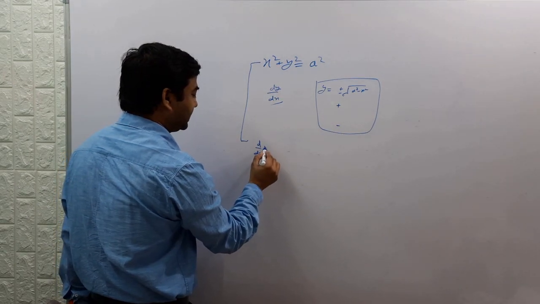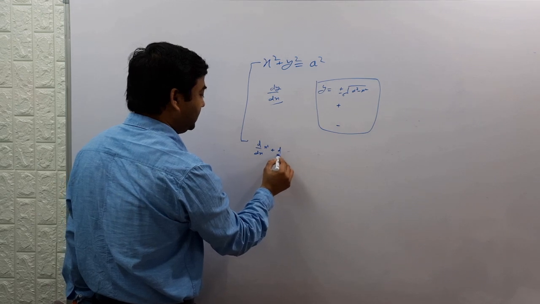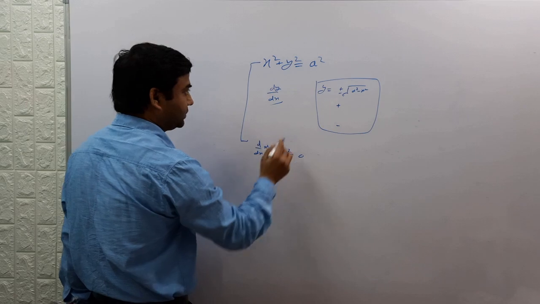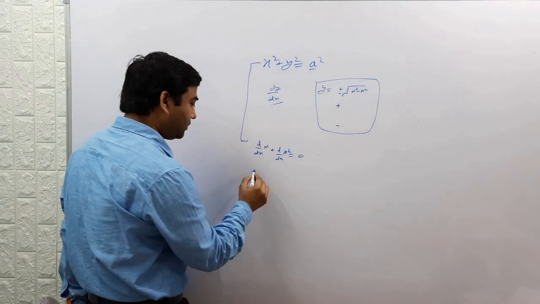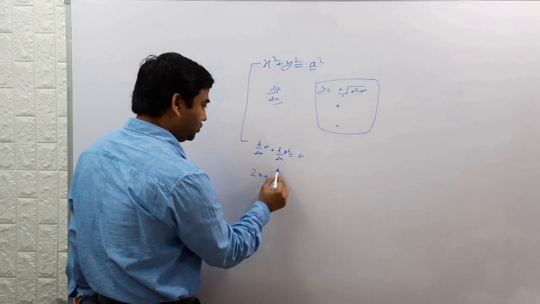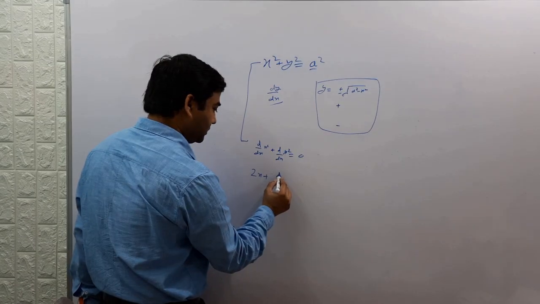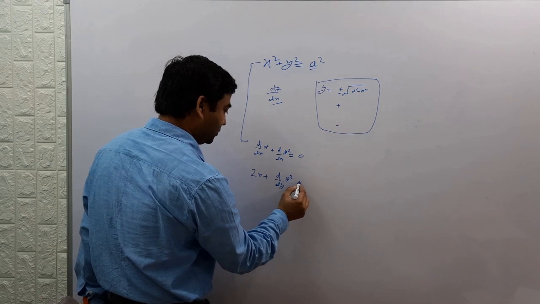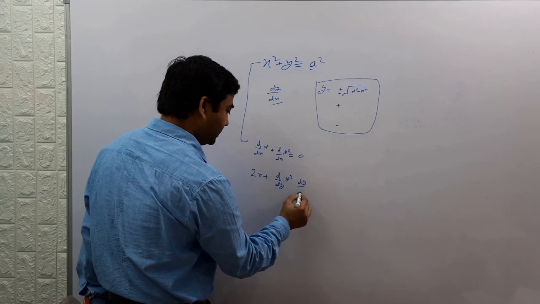d/dx of x square plus d/dx of y square is equal to 0. That is constant. This is 2x plus, from the chain rule you can write d/dy of y square into dy over dx.